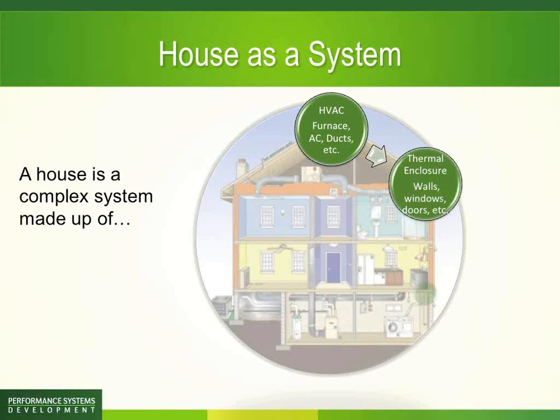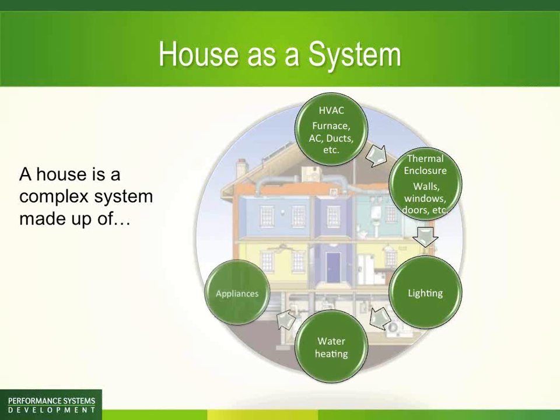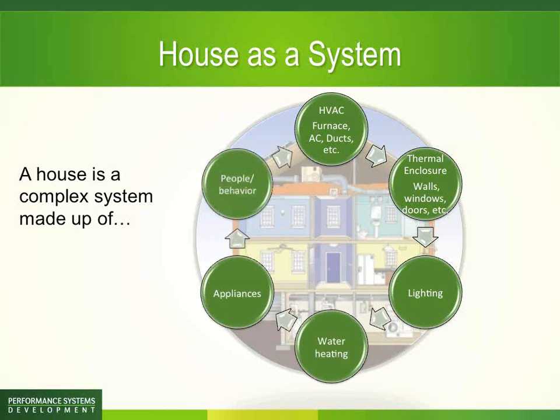It involves the mechanical systems, includes the envelope, which includes windows and walls and ceilings and floors, includes lighting and appliances, water heating. And it also includes, and this is a very specific area that when we get into training, we see the way in which we account for people and their behavior in a rating. And it's very specific.